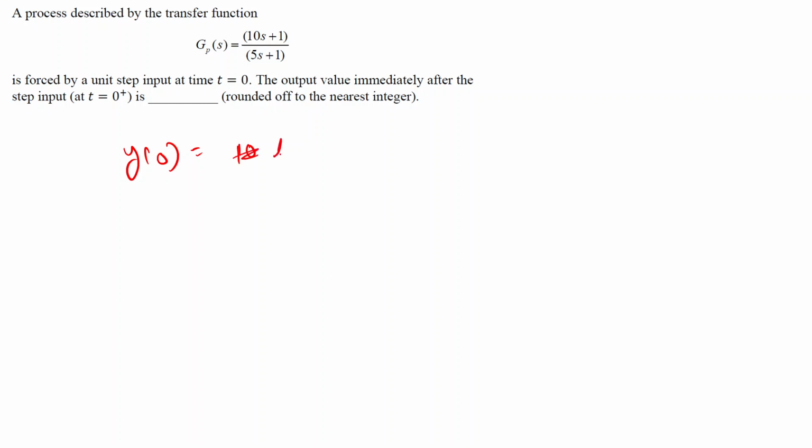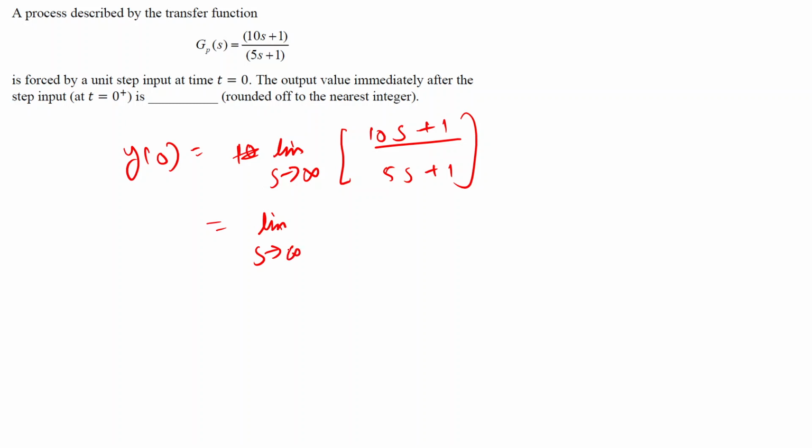So we can write it as limit s tends to infinity (10s plus 1) upon (5s plus 1). So this we can also rewrite it as limit of s tends to infinity, then we can bring s out.